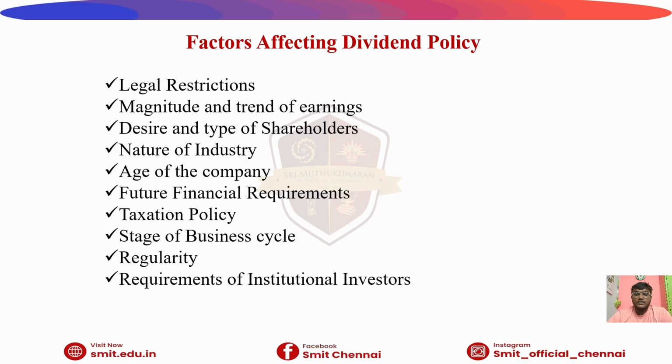Then, stage of business cycle. During recessions, companies may conserve cash. Then, regularity. Once established, dividend cuts are painful. Companies prefer stable policies. Then, finally, requirement of institutional investors. Some institutions prefer regular dividend income.